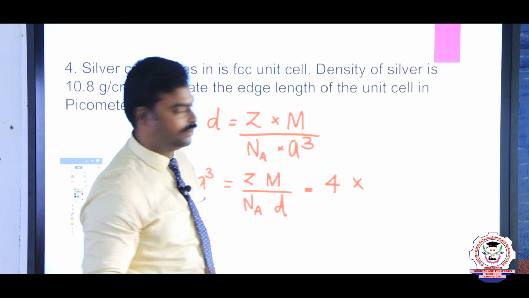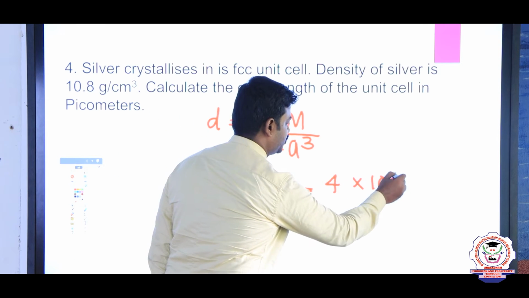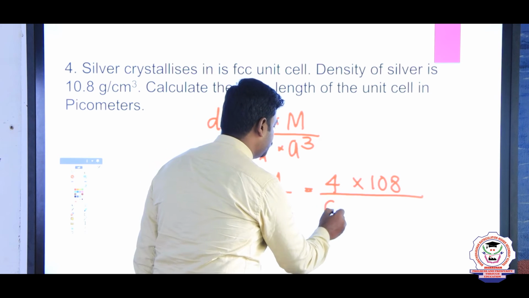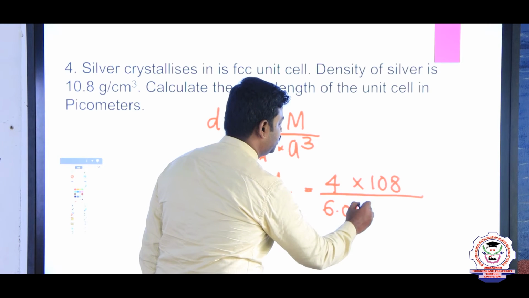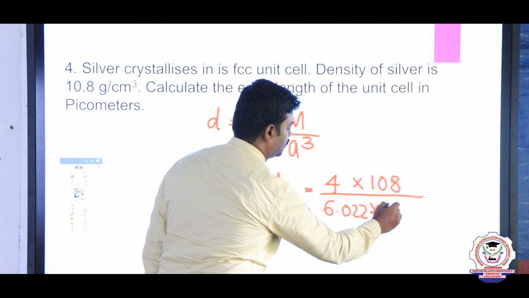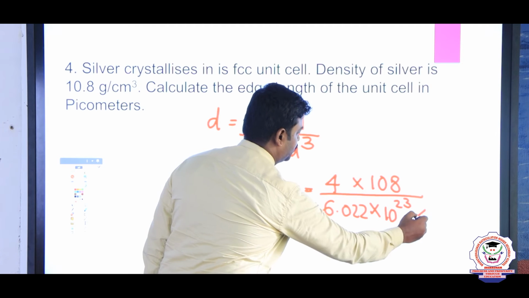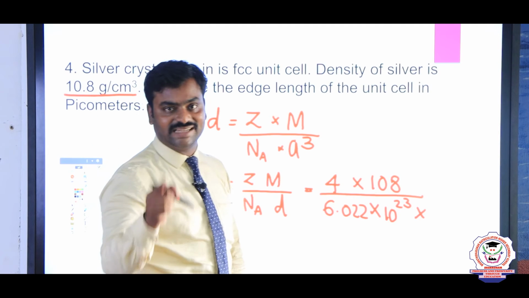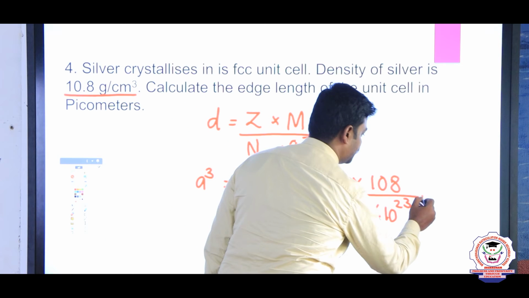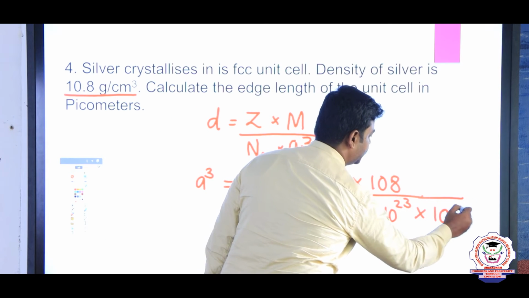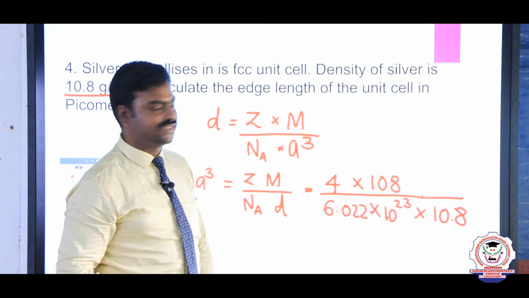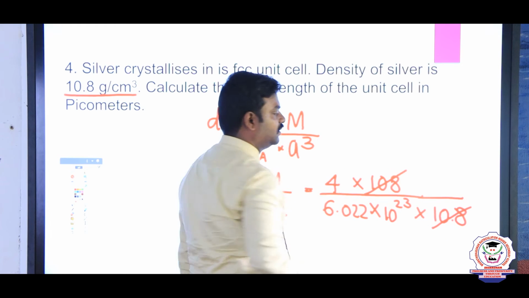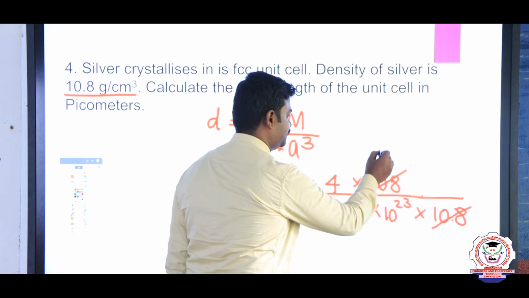That is 108 gram per mole, divided by the Avogadro number 6.022 into 10 power 23, into the density. Density is given here, the value is 10.8 gram per centimeter cube. Now, there are some values that can be easily cancelled, 108 with 10.8. When you cancel it, you will get 10 here.